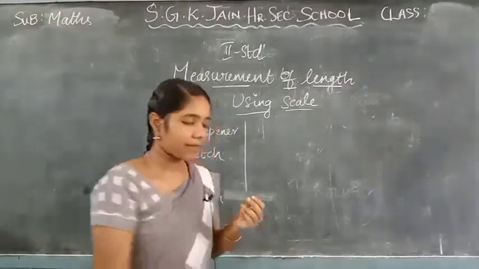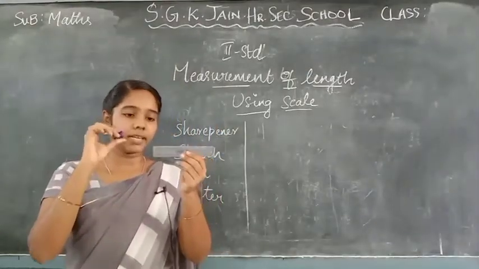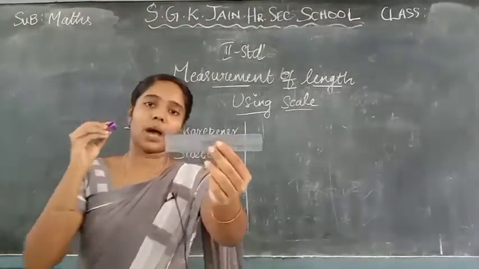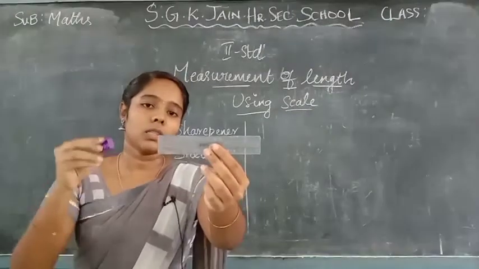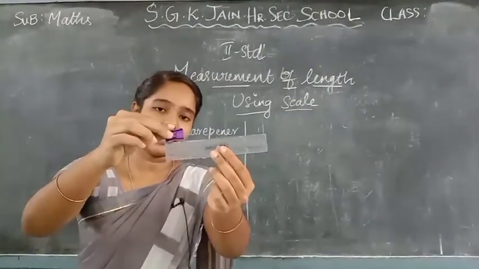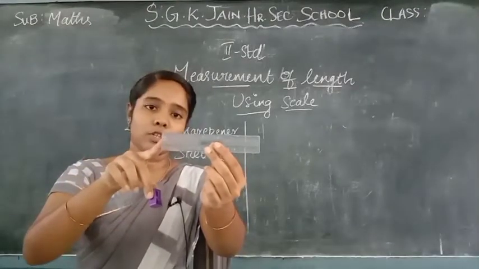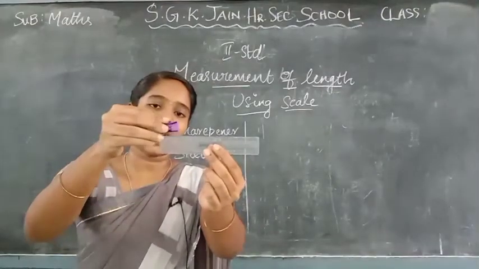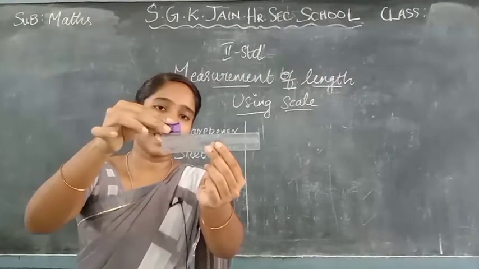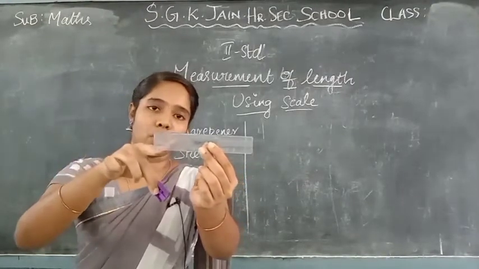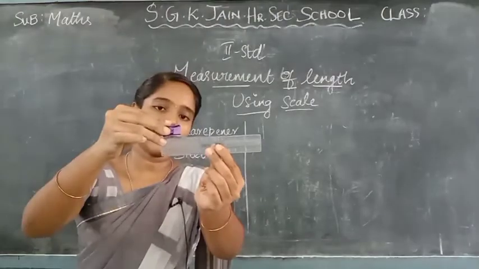You all have a sharpener to sharpen your pencil, right? Take that sharpener and place it on the top, like this. Place the sharpener starting from the 0 point of your scale, and note the ending point of the value. So let us see what the value is.